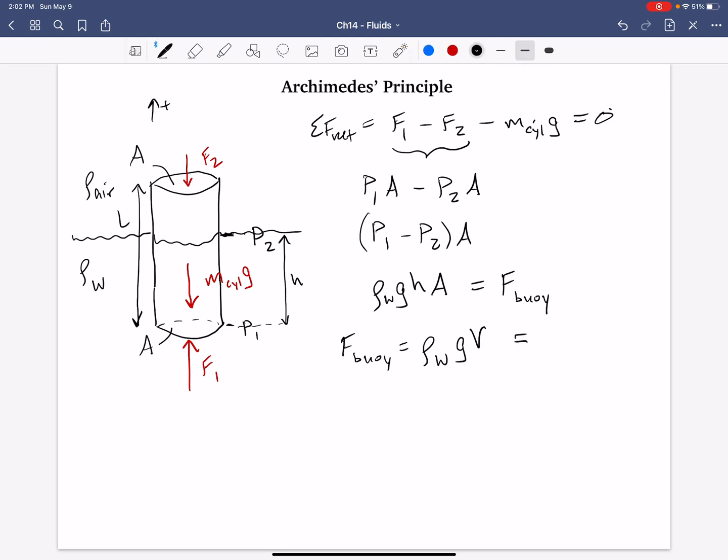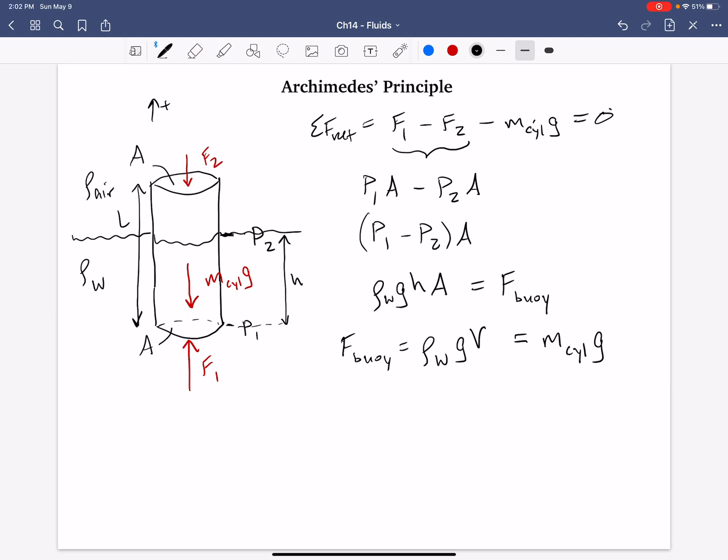And again, from up above, the mass of the cylinder times g. So we have two forces here. This difference is the same as the buoyant force, right there. And then, as before, the mass of the cylinder times g is the same as this force here. So the buoyant force is simply equal to the weight of the object itself.